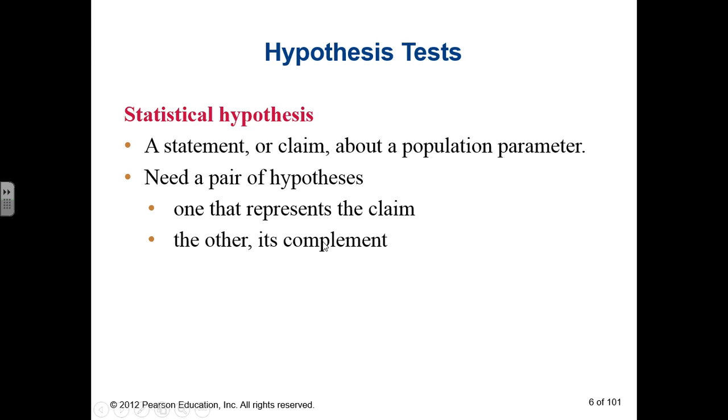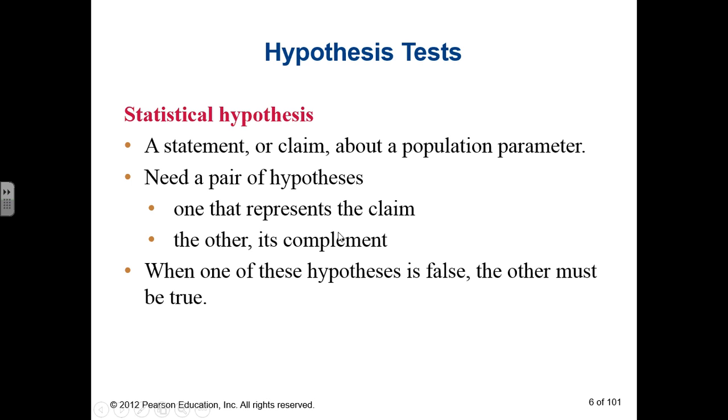Recall from Chapter 3, an event and its complement. The complement of an event is everything that's not that event. So the claim and its complement cover everything, and there will be no overlap between them, which means when one of these hypotheses is false, the other one must be true.